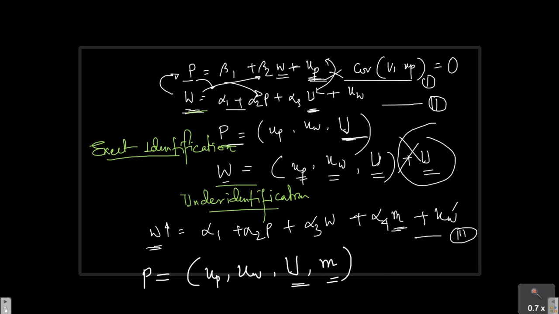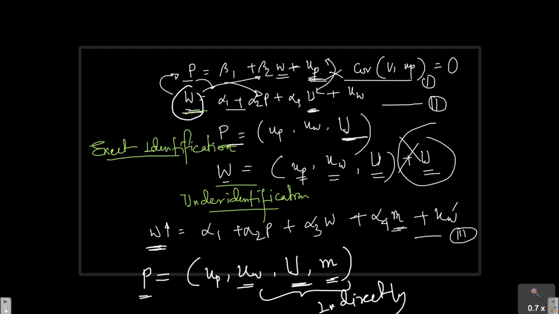Now, which one am I going to use as an instrument for my endogenous variable W? Both U and M are indirectly influencing P along with UW. These three variables are indirectly influencing P because all these three variables are coming through this W route. Now, out of these three, of course, U and M are the exogenous variables, and both I can ideally use as instrument.